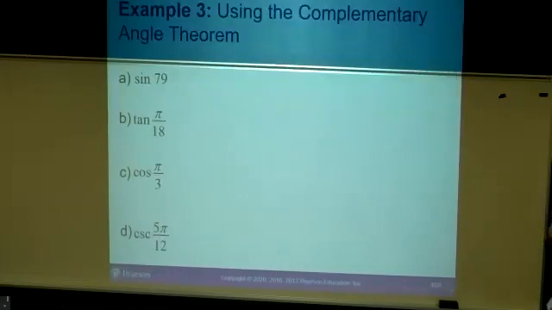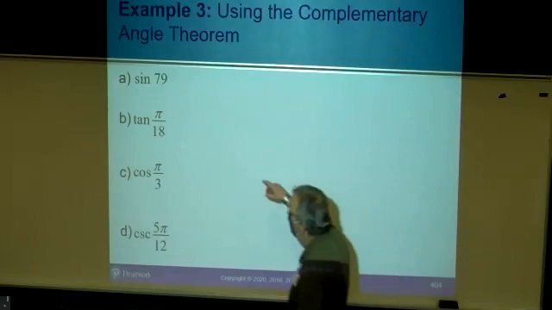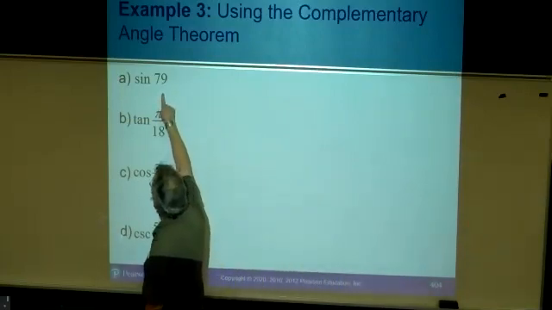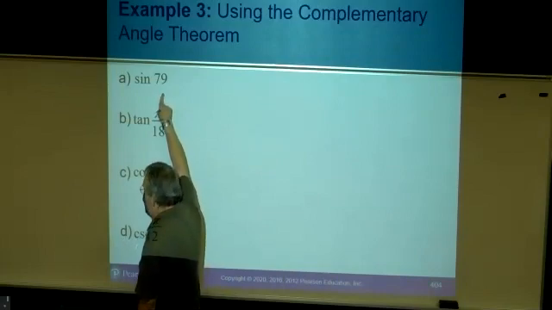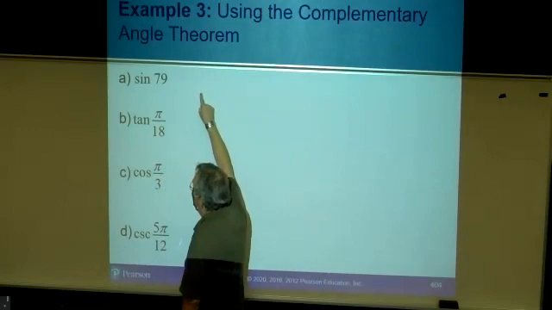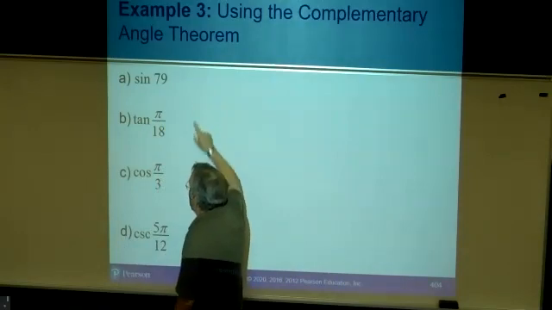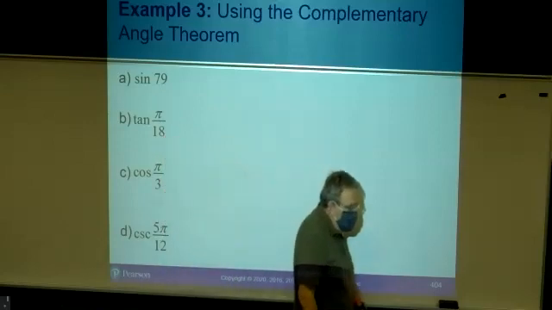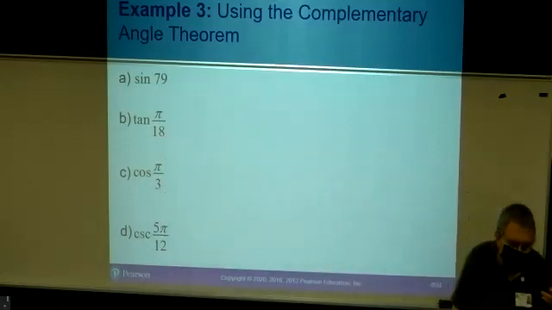So the complementary angle here is 11 degrees, 90 minus 79. So that's going to equal the cosine of 11 degrees. The complementary angle here: what angle adds to pi over 18 to equal pi over 2?